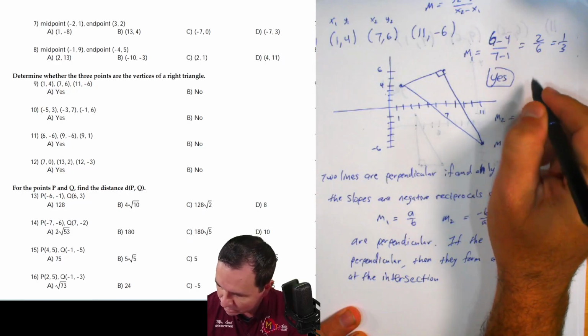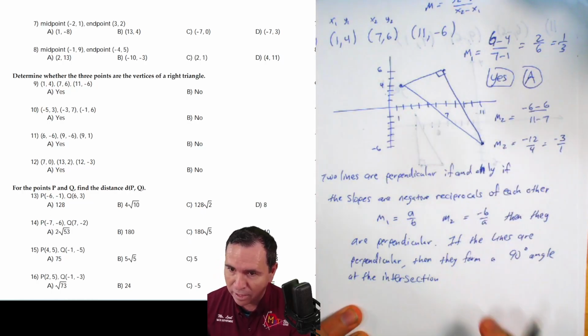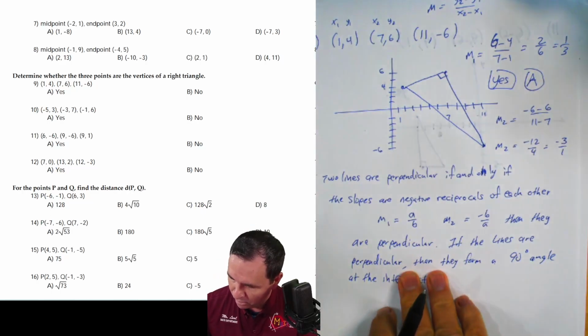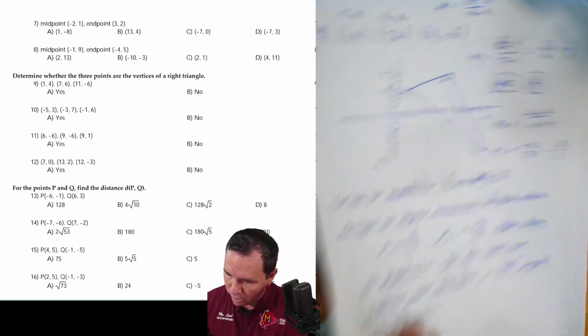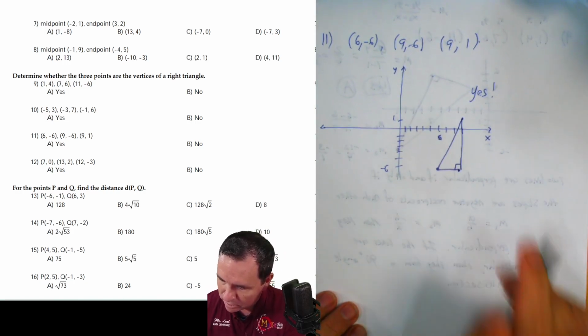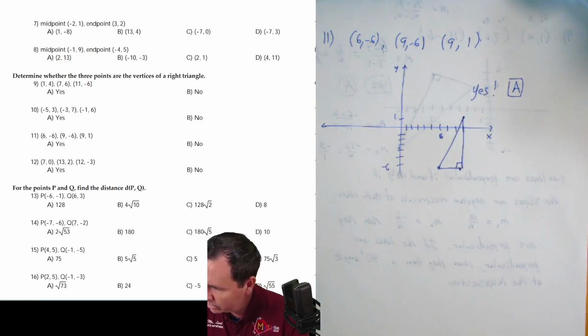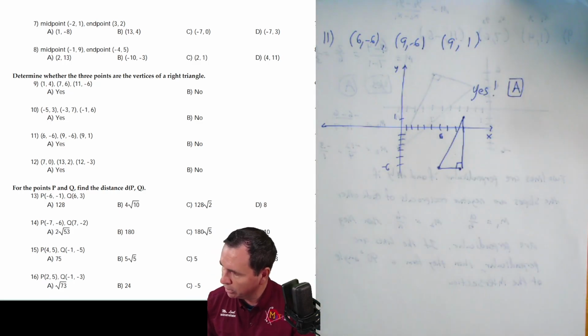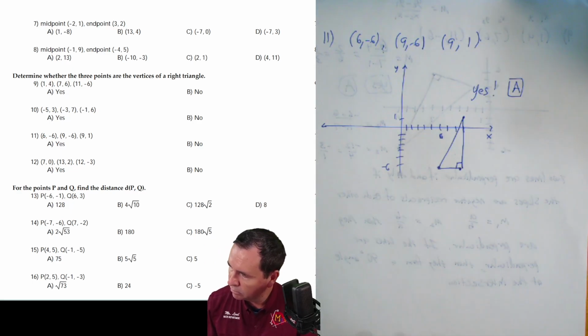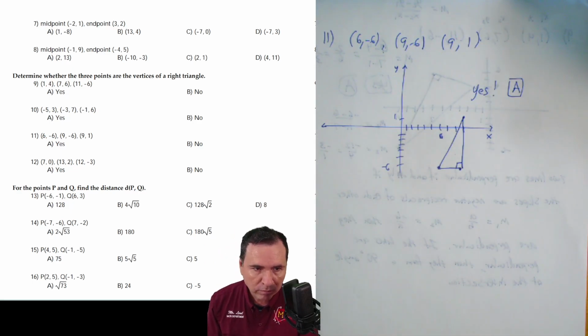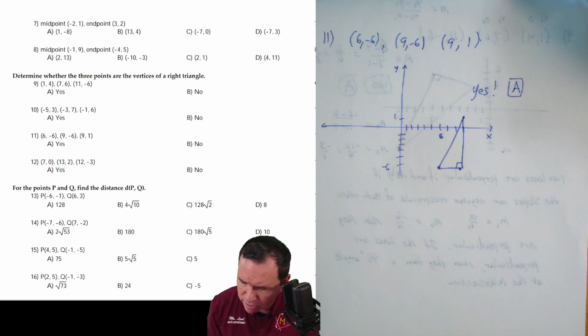Letter A. And so for number 11, it's a yes, letter A, in case you were wondering. And remember, if it doesn't look like a right angle, then it's not a right angle, okay?